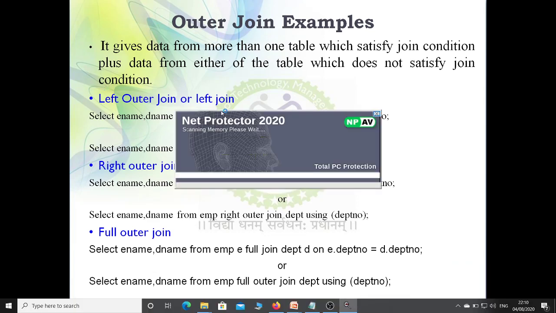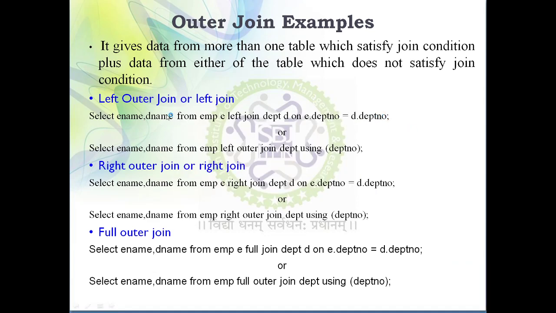Here you can see: select ename, dname from employee e left join dpt d on e.dptno equals d.dptno. If you remember, whenever we need to perform a join operation, we require one common attribute based on which we are going to compare.